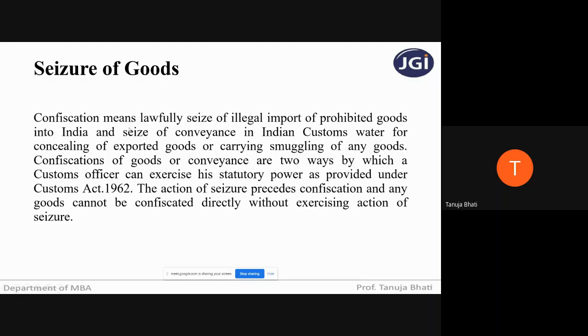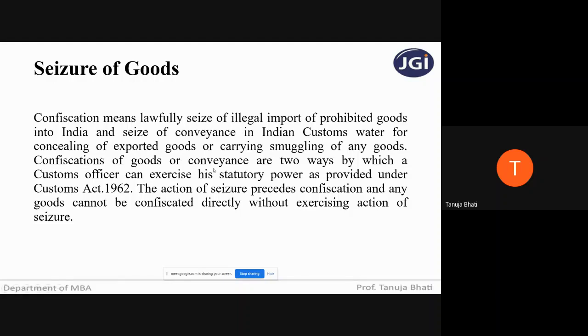Confiscation means lawfully seizing illegal import or prohibited goods into India, and seizing a conveyance in Indian customs waters used for concealing exported goods or carrying smuggled goods.